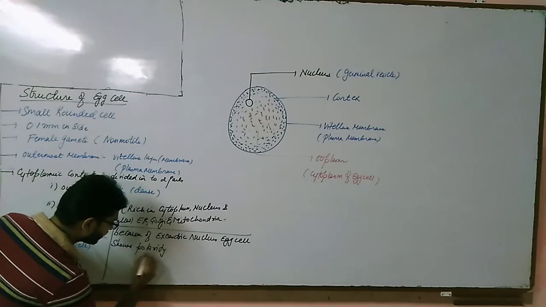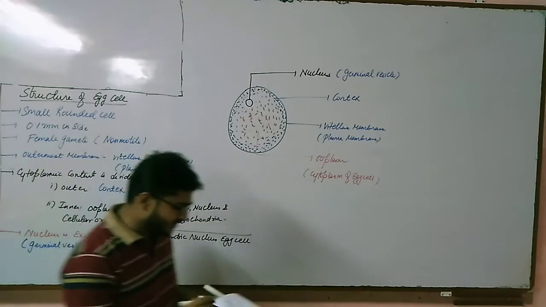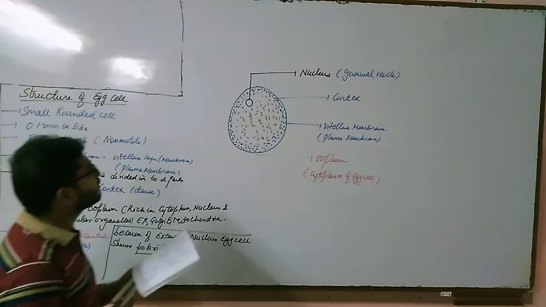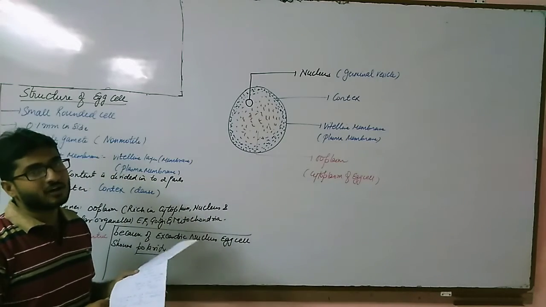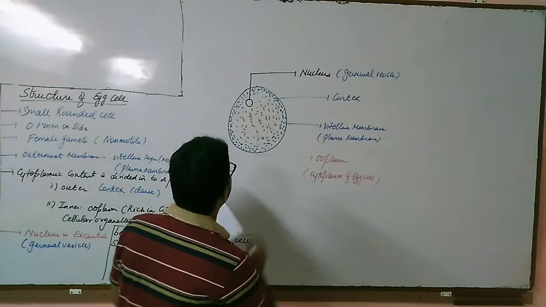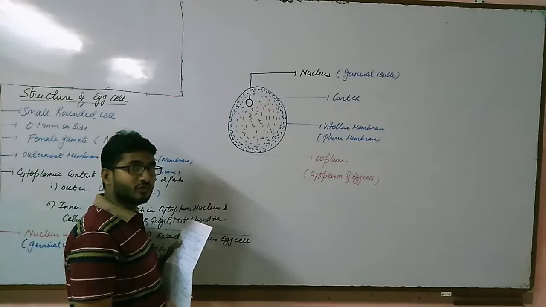So when we are using the word polarity, it is always showing the opposite polarity, right? This polarity which is towards the side of the nucleus is called animal pole and towards opposite is called vegetal pole.